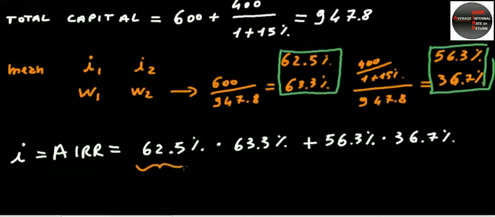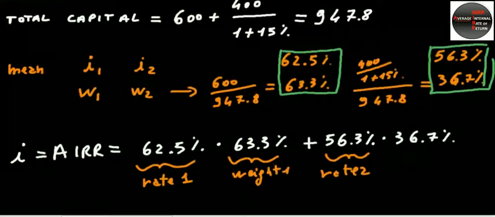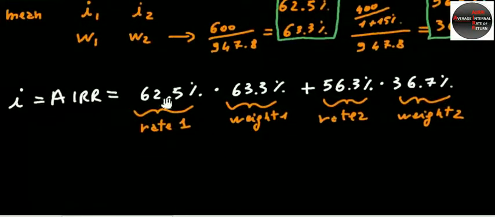So this is the first holding period rate, this is the second holding period rate, and we have multiplied each by its weight: this is weight 1, and this is weight 2. The result is exactly what we have obtained in the first video. The rate of return of the project is 60.2%.